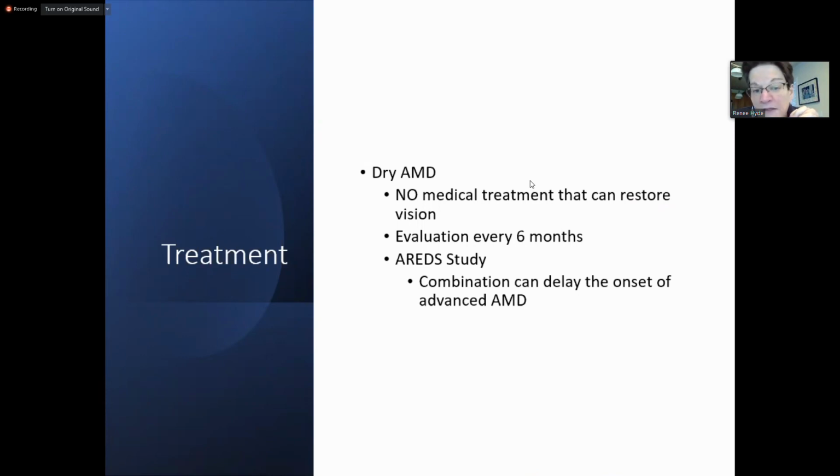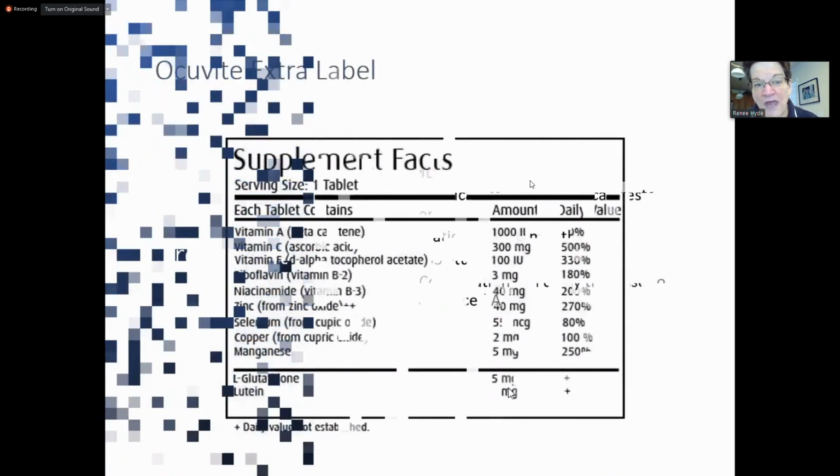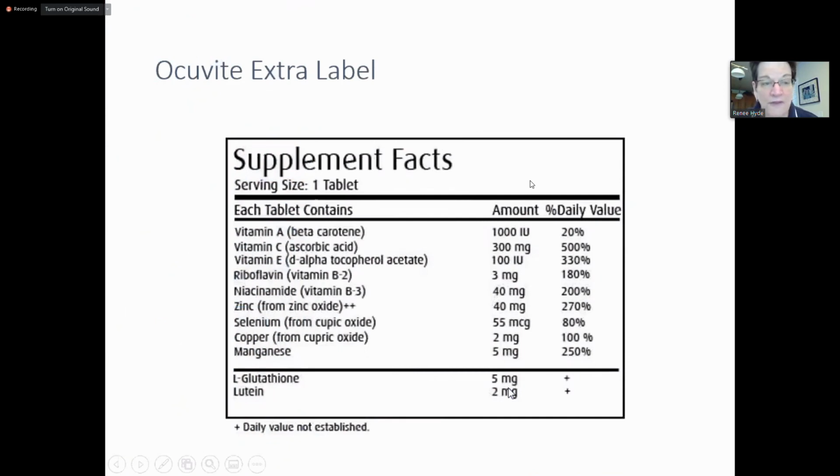Now, AREDS, age-related eye disease study, was a study that they looked to see, is there a combination of vitamins and minerals that can delay the onset of advanced AMD? And what they found is that, yes, there are some supplements that can delay progression.